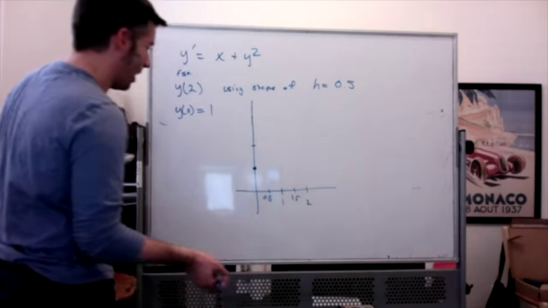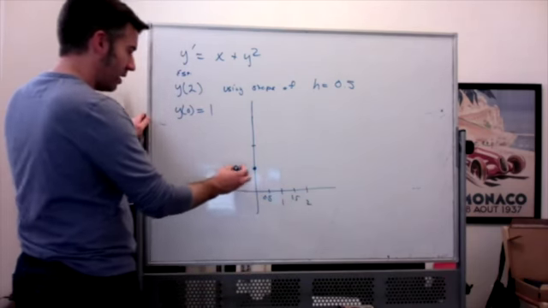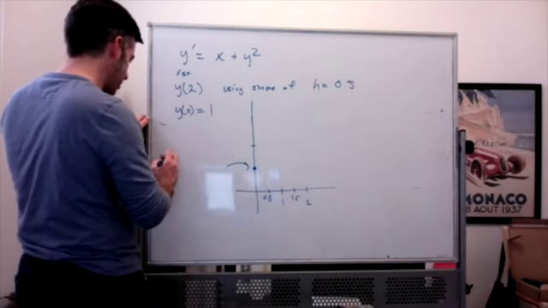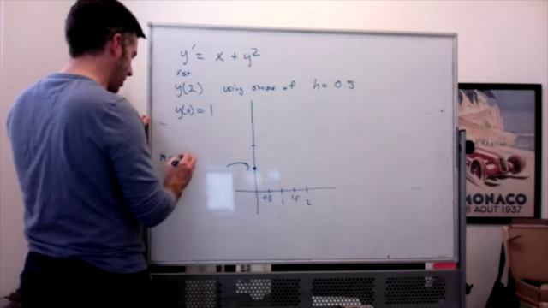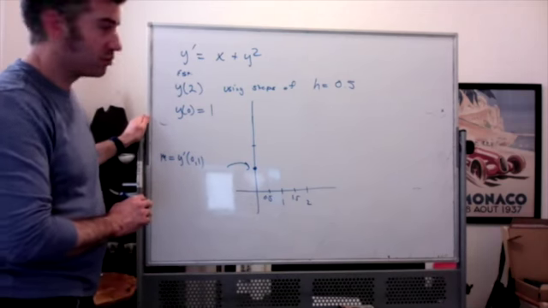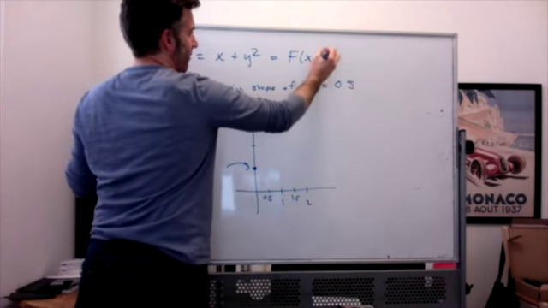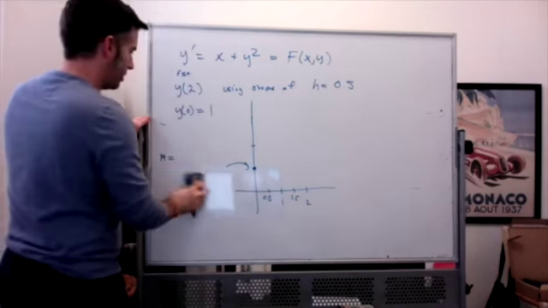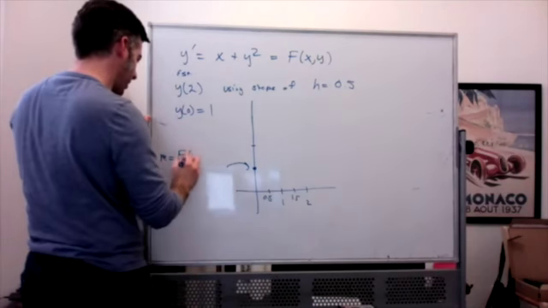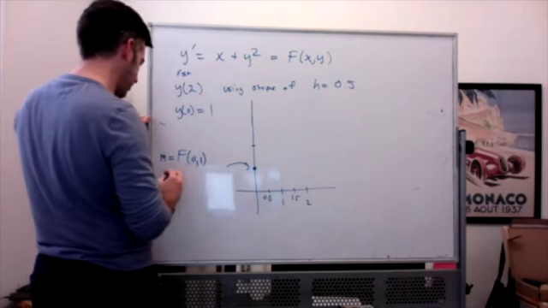I know that right at this point, the slope is y prime at (0, 1). Well, great. I can write it this way, f of x, y. The slope is f of 0, 1, which is 0 plus 1 squared, which is 1.